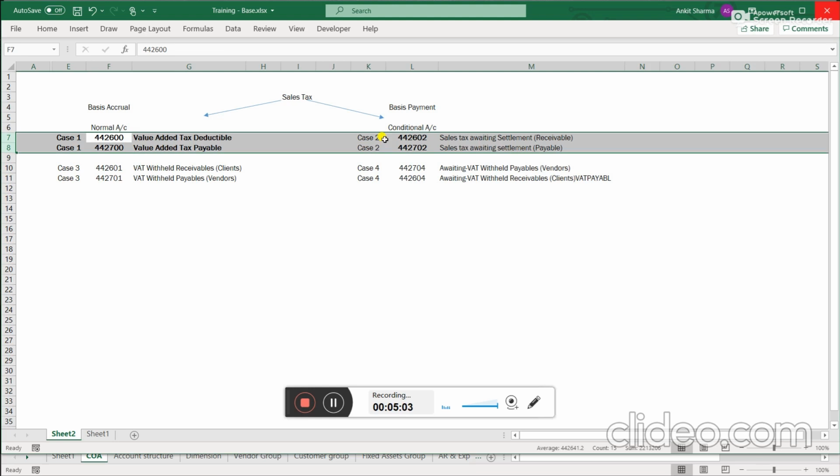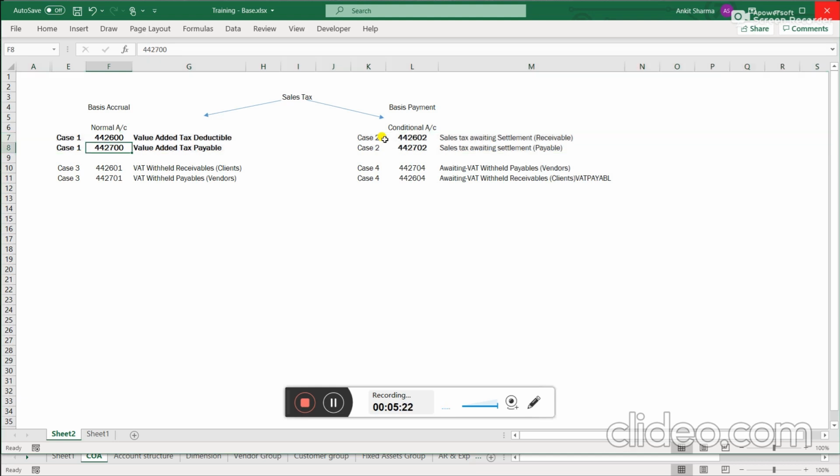There can also be an entity where they have VAT withholding. When there is a VAT withholding, we deduct some amount of VAT when paying, and there is some amount that the customer withholds for VAT on our behalf, same as withholding of income tax.